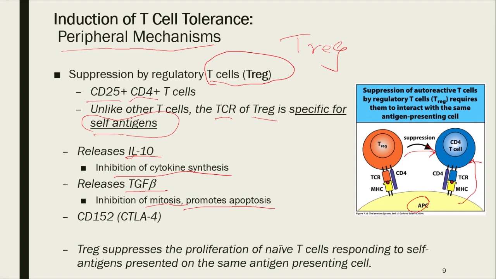It can also produce soluble CD152, which we just talked about, and perform inhibition, getting stuck in between at the B7 to prevent activation there.